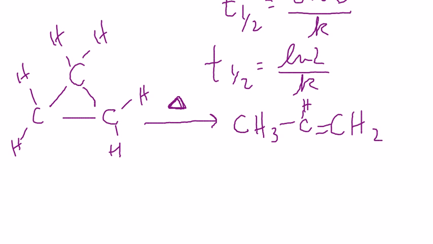Now if we know that the rate constant for this reaction, k, is equal to 9.2 seconds to the minus 1, we could easily answer the question of what's the half-life.